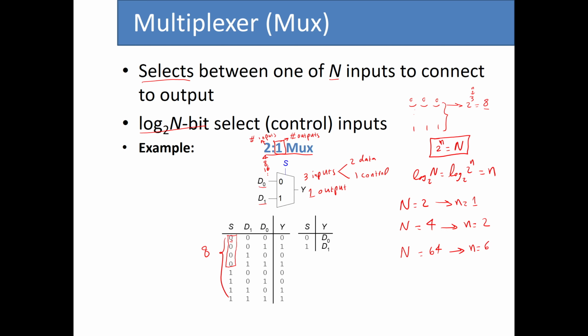So you can see when S is 0, Y equals 0 when D0 is 0, and Y equals 1 when D0 is 1. So it looks as if the value of D1 doesn't matter, right? Whether it changes or not, we don't care. As long as S is 0, Y equals D0.